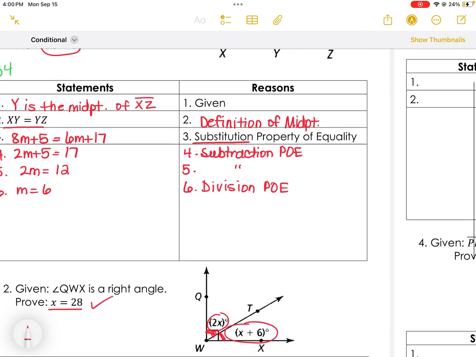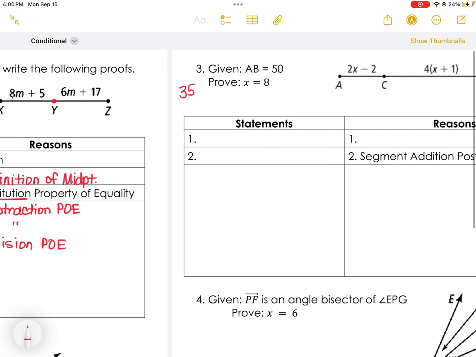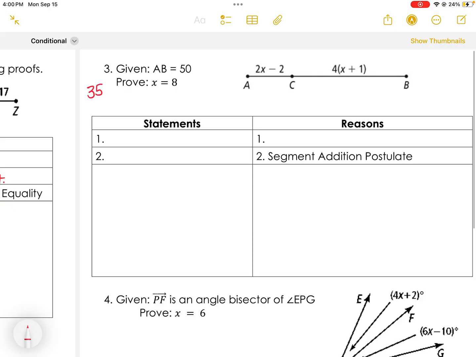Very good. Okay, let's look at page 35. So we know we're going to start with AB equals 50. That's given. Now, since we don't have a lot of information here, I'm going to show what number 2 left out.